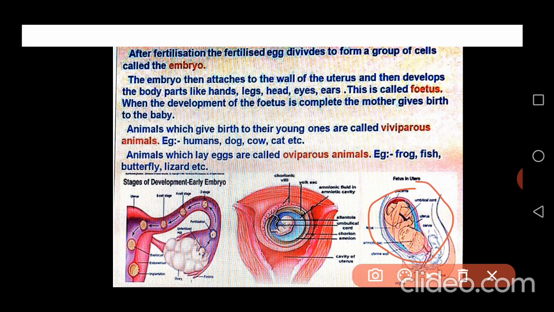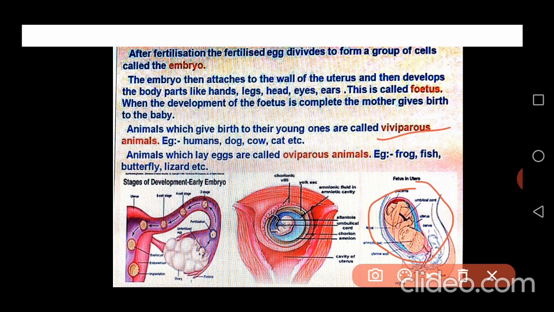Usually animals which give birth to their young ones are called viviparous. Viviparous means some animals give birth directly to the young ones.